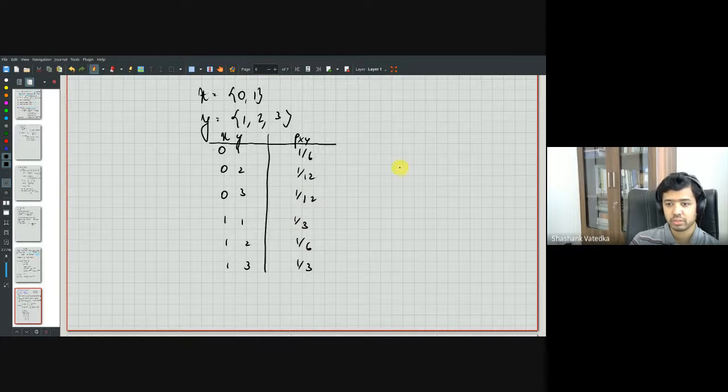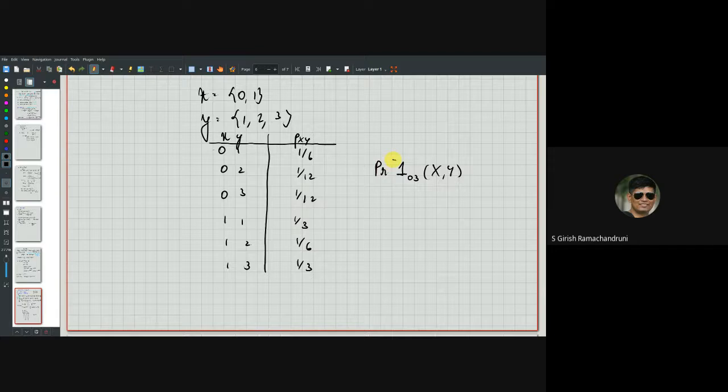Right? Now let's look at the indicator function, let's say 1_{0,3}(X, Y). Whenever X is equal to 0 and Y equal to 3, this is equal to 1. If either X is not equal to 0 or Y is not equal to 3, then it is 0. So what is the probability that this is equal to 1? 1/3.